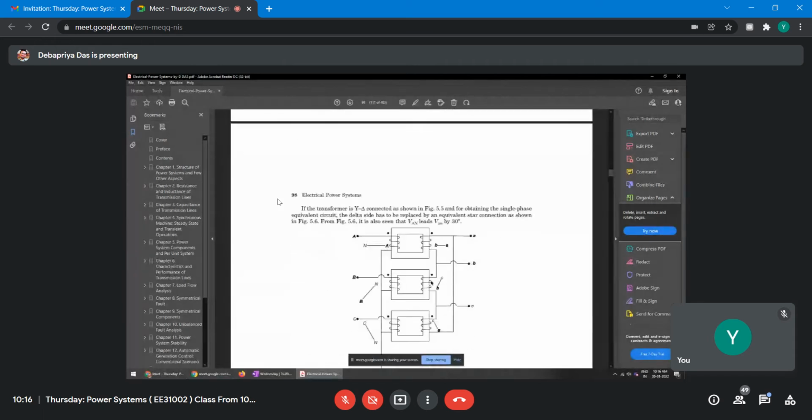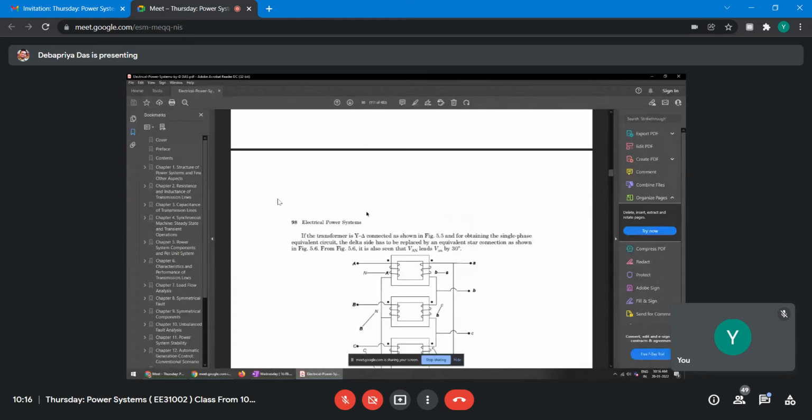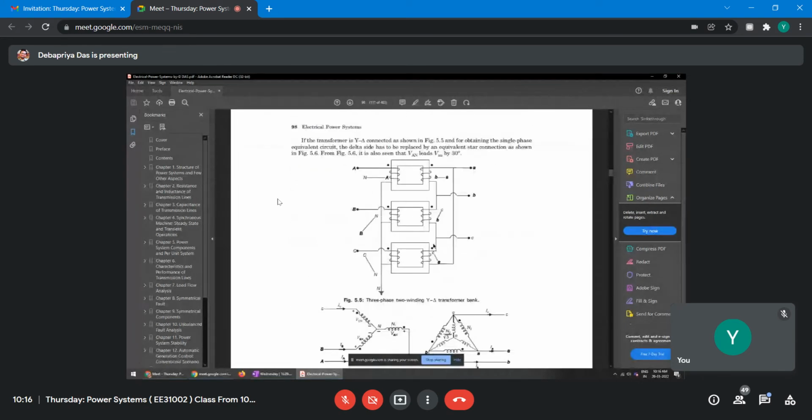Similarly, if it is a star delta, the star side remains the same. A, B, C, and the neutral is there on this side. So this star side is okay, same as before. And this side is the delta side. If you look at this A, B, C, the A terminal is taken out, the B terminal is taken out, and the C terminal is taken out, right?